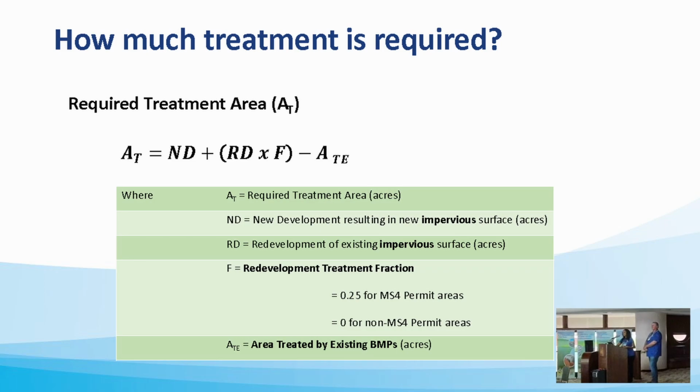So now we're talking about a scenario where you have your required treatment area, you know what you're doing, right, and you can't meet it. So then DOT Highways came up with an alternative compliance program.